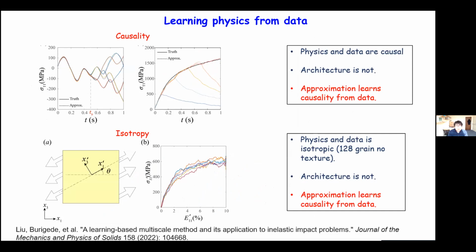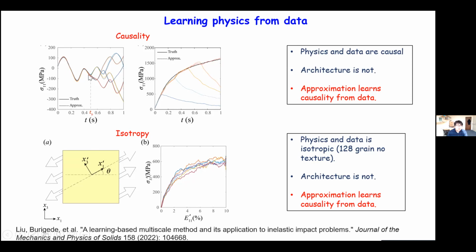And we don't impose this in our neural network architecture. We just feed to the neural network a fixed time interval. Nonetheless, when we test it, we have found that the neural network is capable of capturing this causal feature of our model. And this is an example to show that.